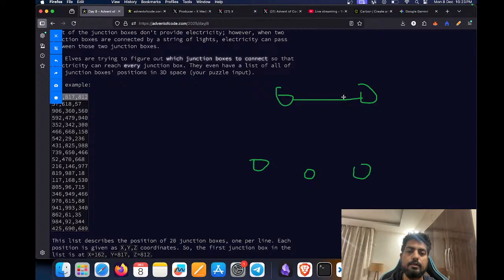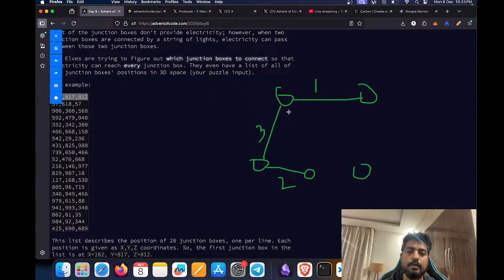Let's say that this was the shortest distance, then we have this distance, which is where a circuit is created again, and then we have this third distance. So now these four boxes will become part of the same circuit because this was the third shortest distance, this was second, and this was first. So now we have one large circuit with all the three boxes.